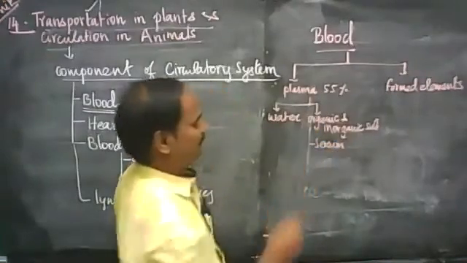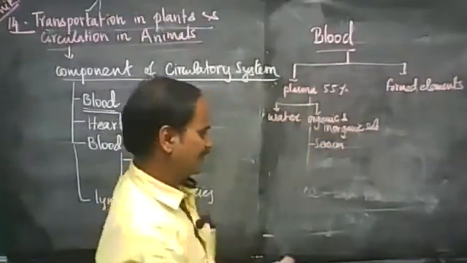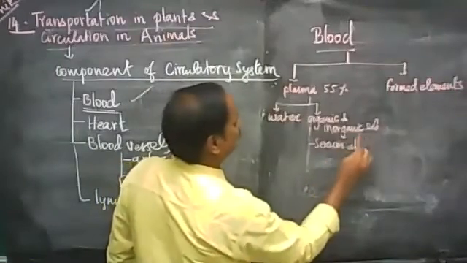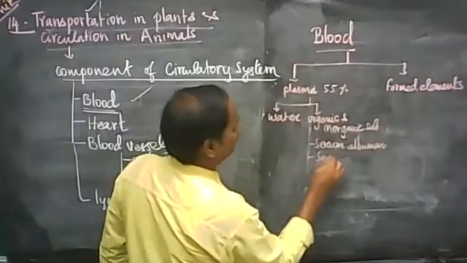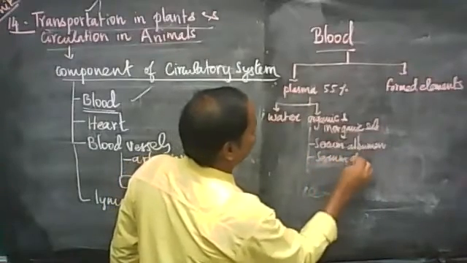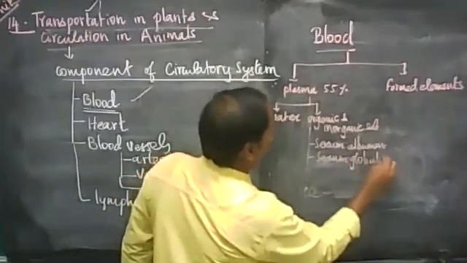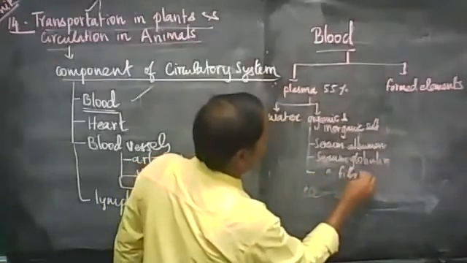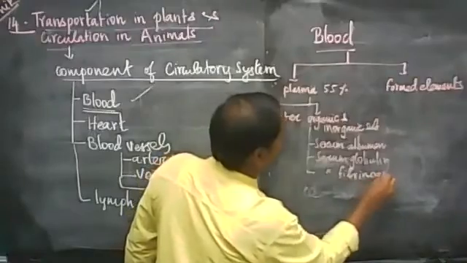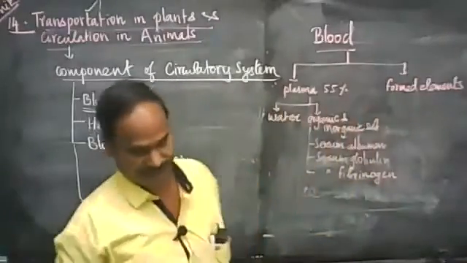Very important from the entrance point of view, they will ask: serum albumin, serum globulin, and serum fibrinogen. These are all the plasma proteins.